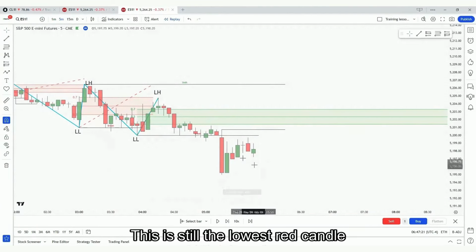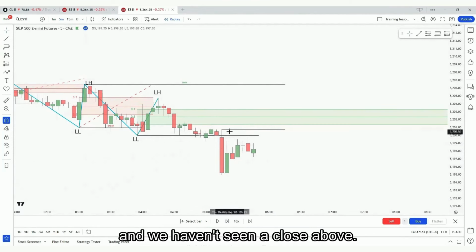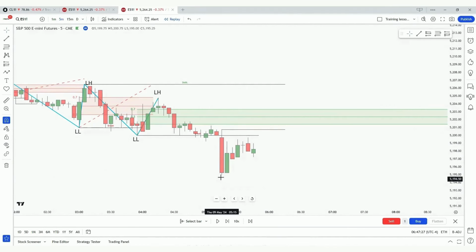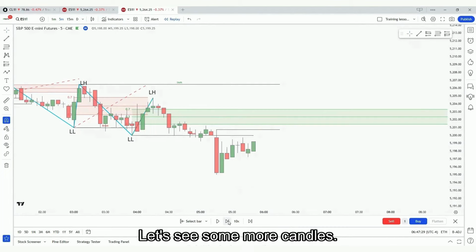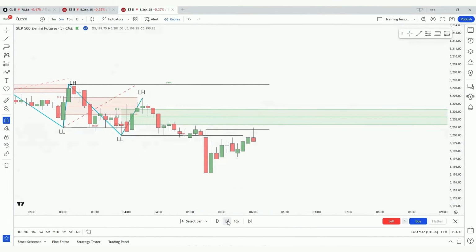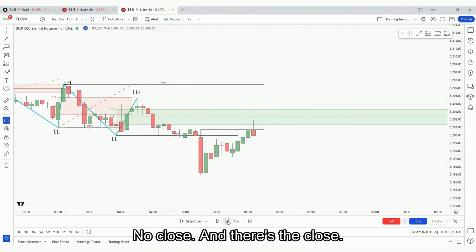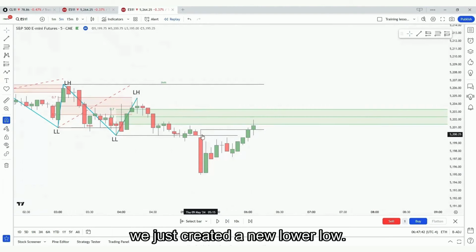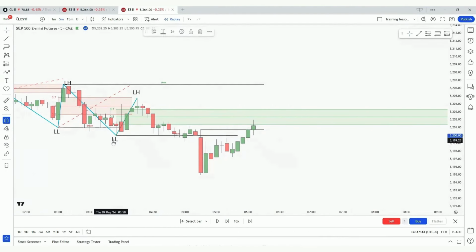This is still the lowest red candle and we haven't seen a close above. So right now this is not a lower low yet. Let's see some more candles. No close. And there's the close. So with the close above the lowest red candle, we just created a new lower low.